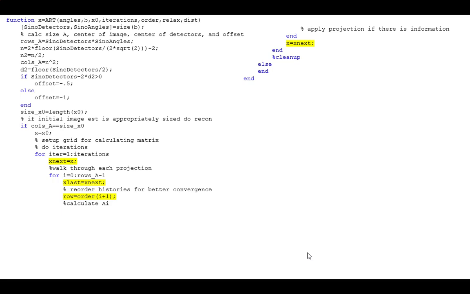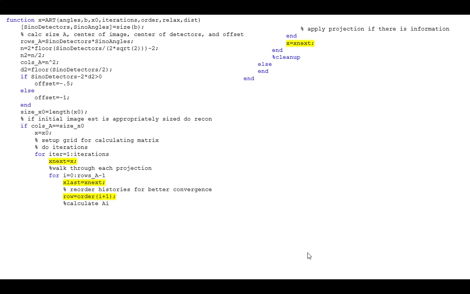And so this one says, if I'm doing more than one image, I should take that good image from the last one. X next is the one I'm going to be working on. That's my current best estimate. When I'm walking through each one of these, at the start of each one, what was the new estimate becomes the old estimate, and I'm going to have to figure out a new one.